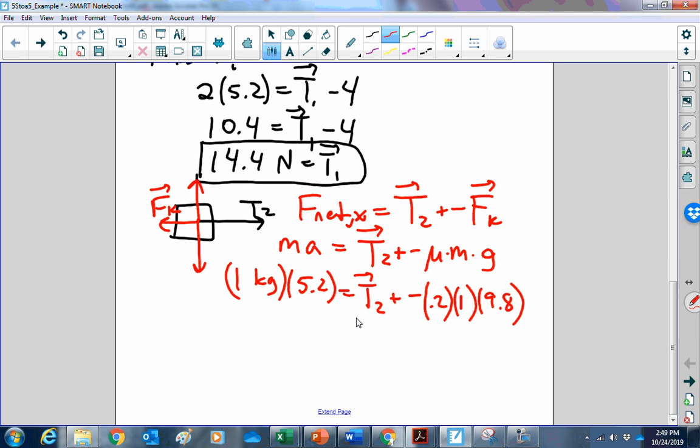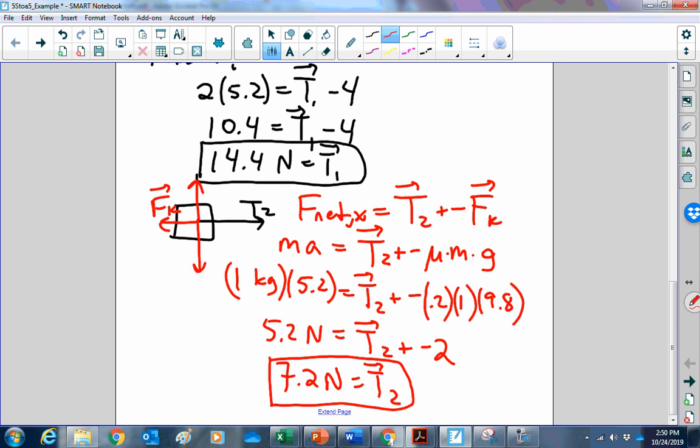When I do all the plug and chug here, this worksheet tends to just round, so this would probably just be -2. They would have added that to both sides and called this 7.2 maybe. It should be less than T1 because this is responsible for pulling less mass across the table.